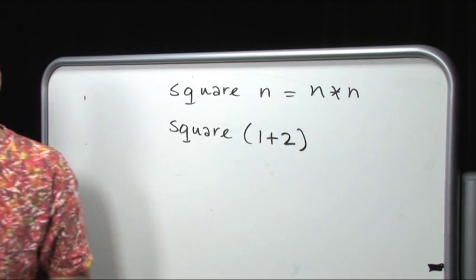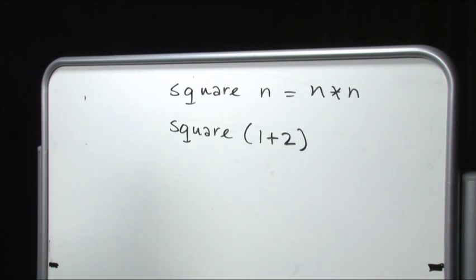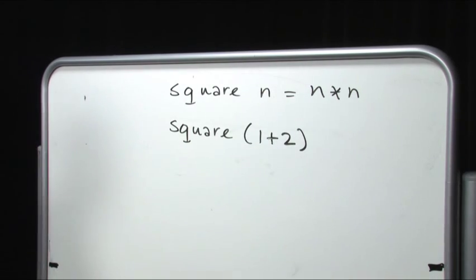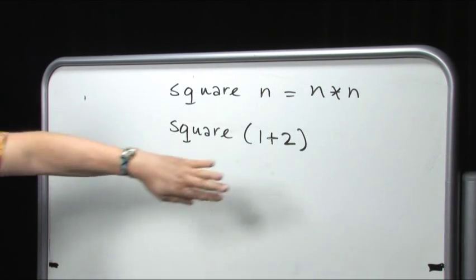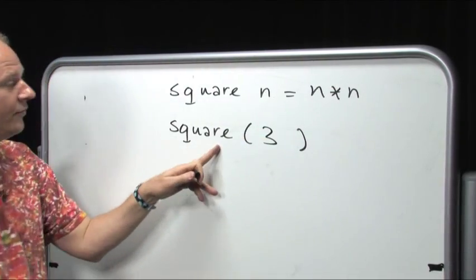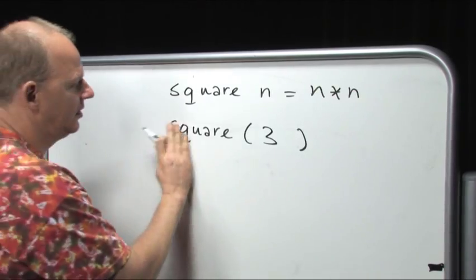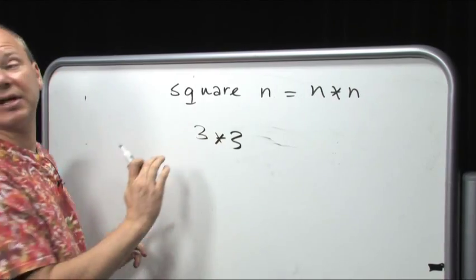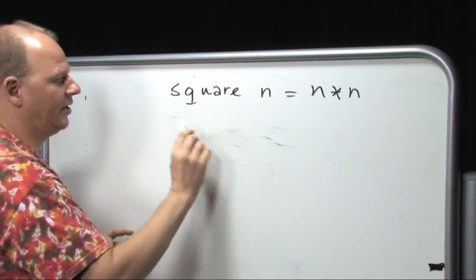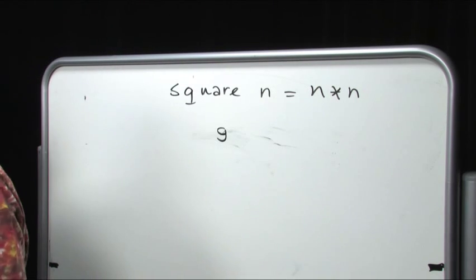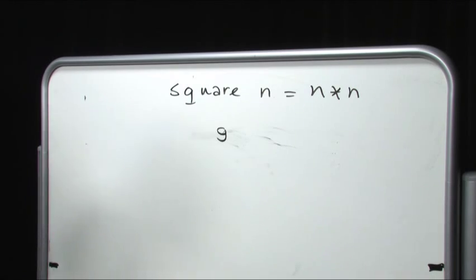Under call by value, we're going to execute this one first because that's the innermost redex. So we're replacing this by 3. And now we're unfolding the definition, and it becomes 3 times 3, and then we can execute that one, and it becomes 9. All right?